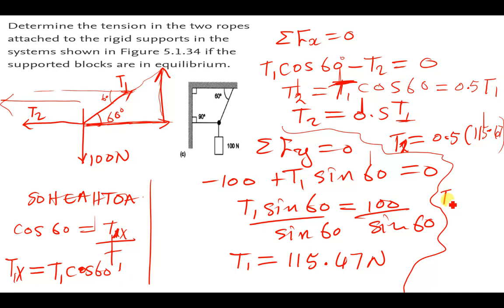So this implies that my T2, when you multiply that by 0.5, the answer will be 57.74 newtons. So my T2 is equal to 57.74 newtons. And then T1 is 115.47 newtons.